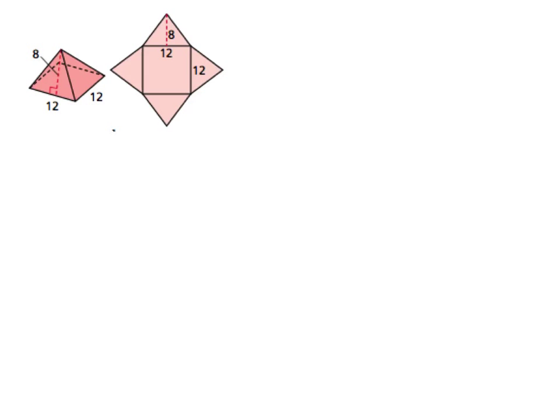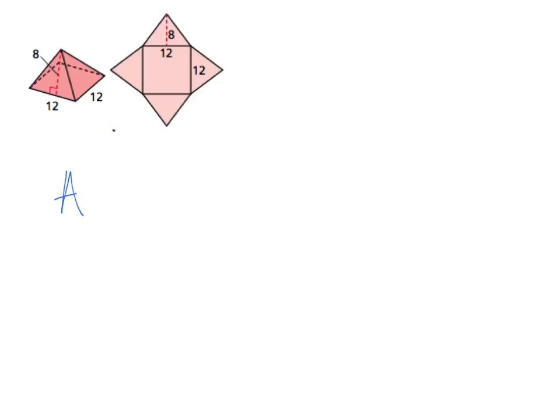So we're going to find the surface area of this regular pyramid here. Notice that our base here is a regular polygon. So we're going to do this just like we did in 6.8, where we are going to find each of the areas.